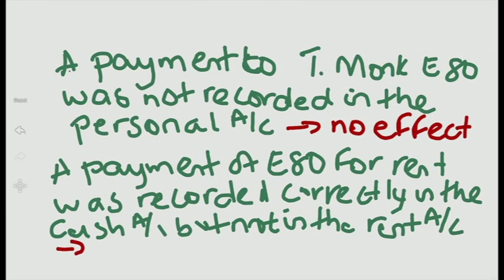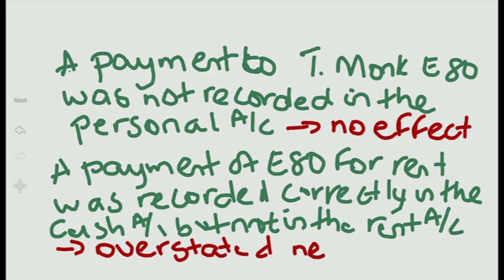Therefore, it has overstated the net profit. We were supposed to subtract rent by 80. We used 60 emalangeni.